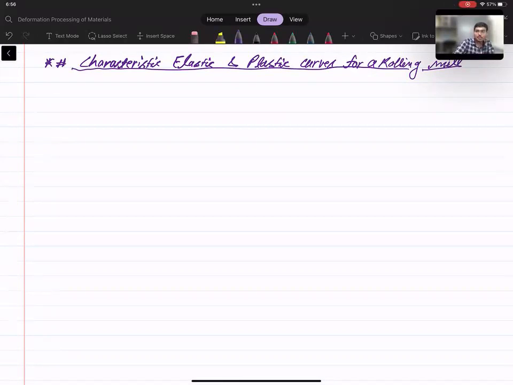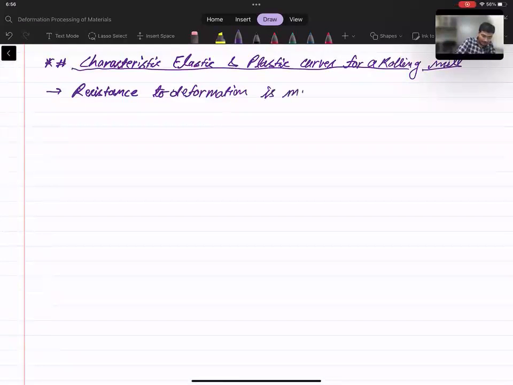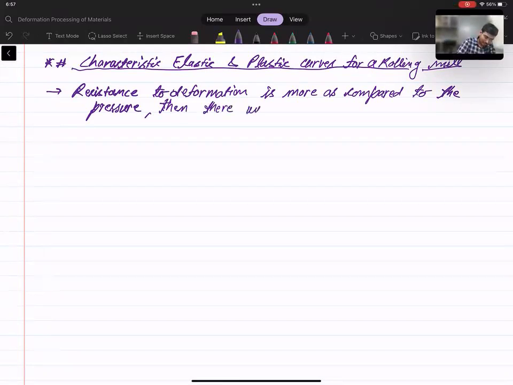So if the resistance to deformation is more as compared to the applied pressure, there will be no deformation.